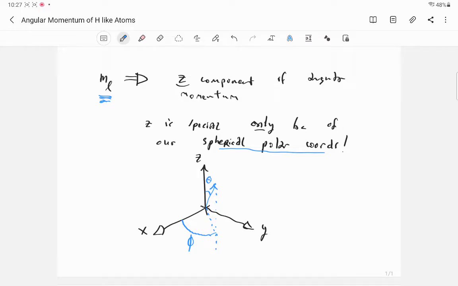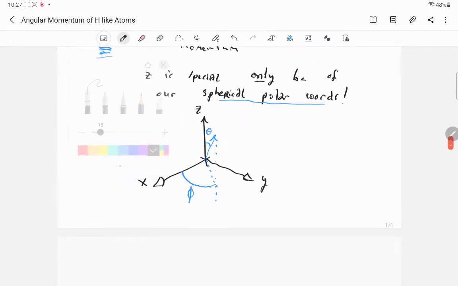It's only when you first start by asserting a coordinatization of the space that you're studying that z becomes special. So it's after you choose a coordinate system that z becomes special. Z's not special beforehand. Z's not special in a fundamental way. Okay, but anyways, m sub l.